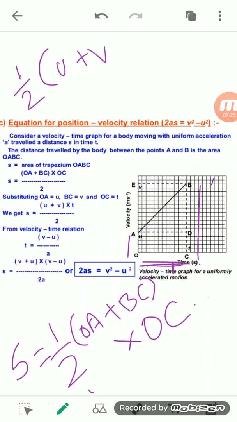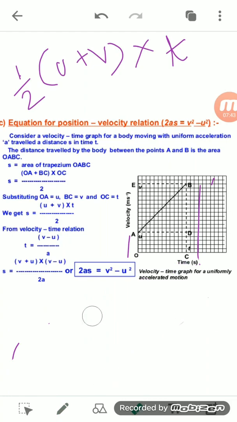So half into U plus V into OC. OC is what? It is the time. Okay, so we represent it by T. So half into U plus V into T. This is the area of the trapezium.